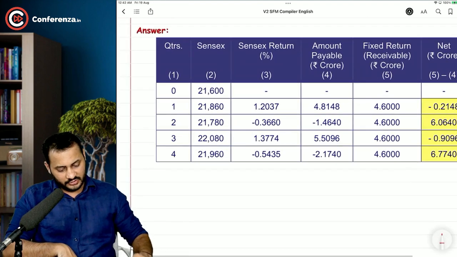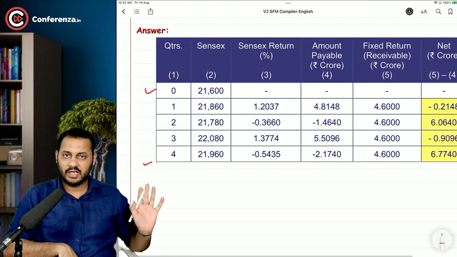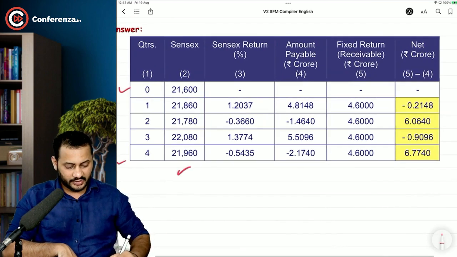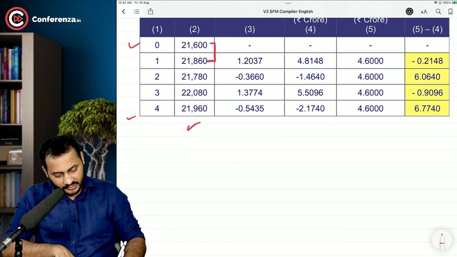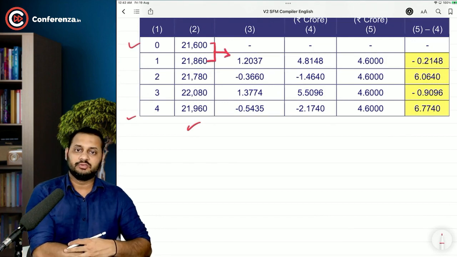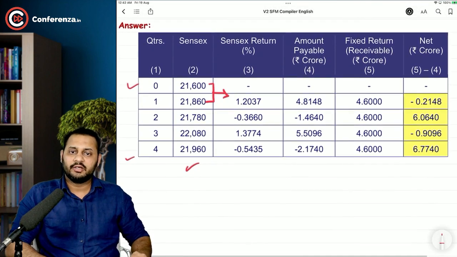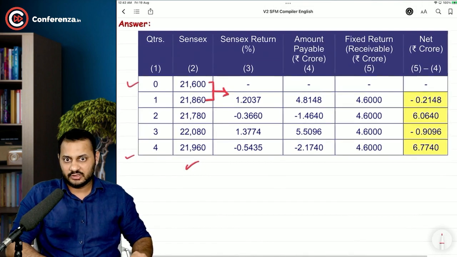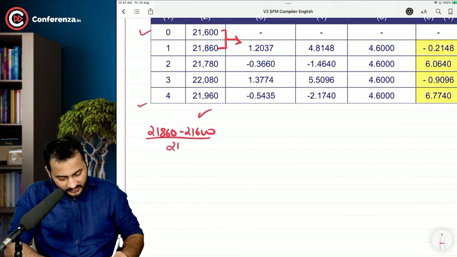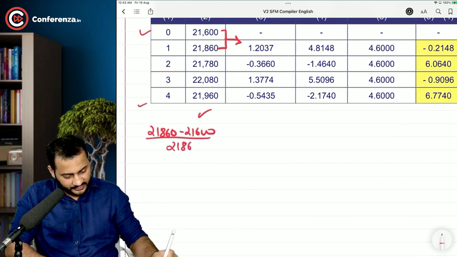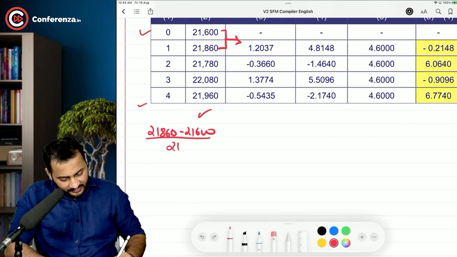Have a look. First of all, from 0 to 1, 4, we'll put a column. Then we will write down the Sensex values, and then we will find out the return. See, the return between these two is this much, 1.2037. How to calculate that? 21,860 minus 21,600 divided by 21,600. This is exact return.